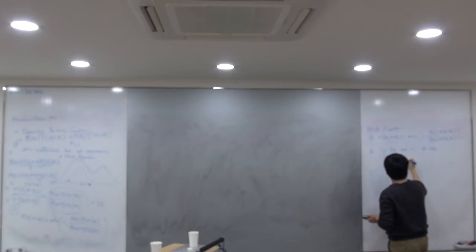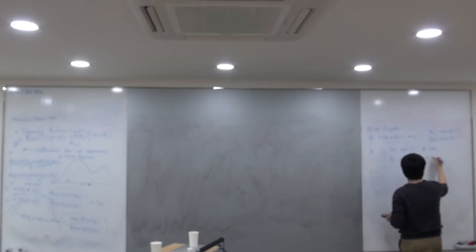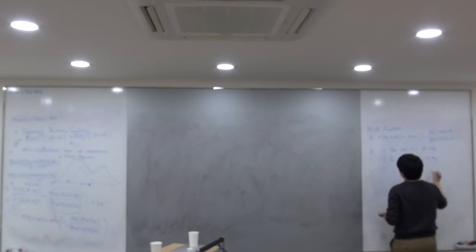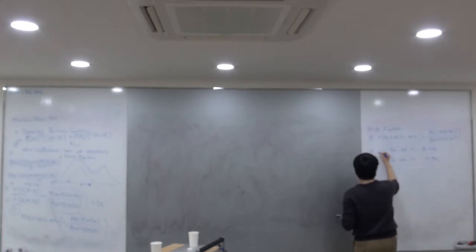With probability 1 minus R, you just stay. That will be your next x.